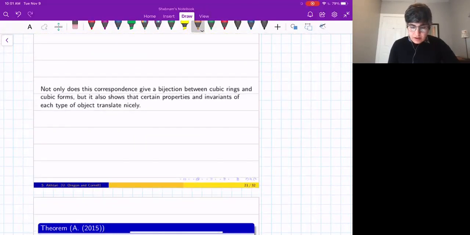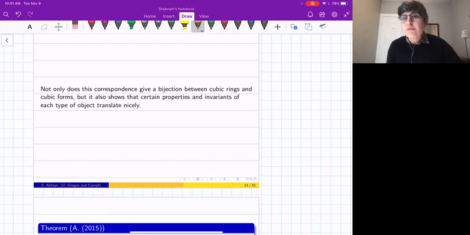Of course, it covers everything that I explained today. So not only does it translate an algebraic structure like a ring to binary forms, but everything can be seen in terms of the coefficients, and lots of properties and invariant theory.